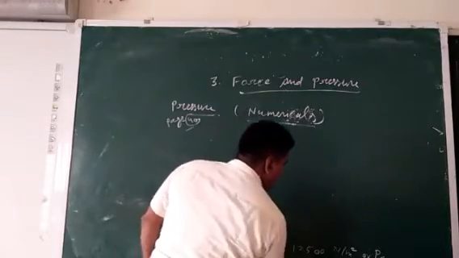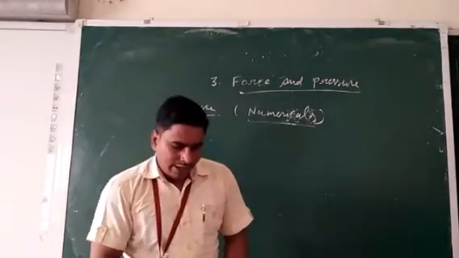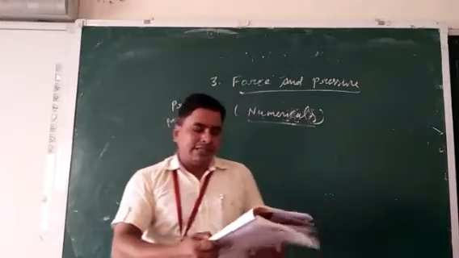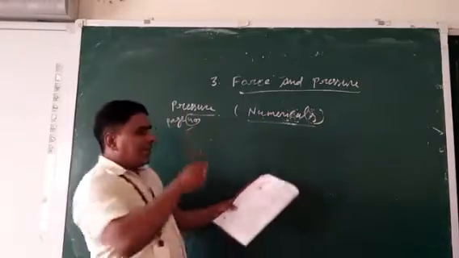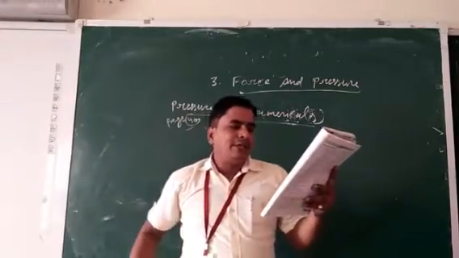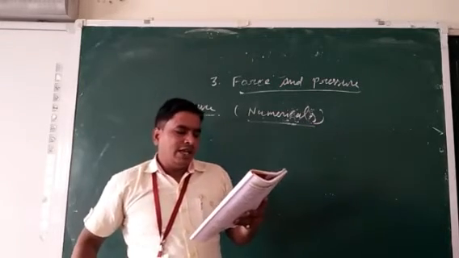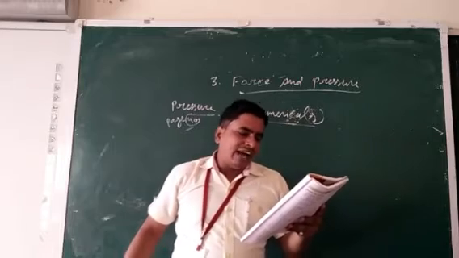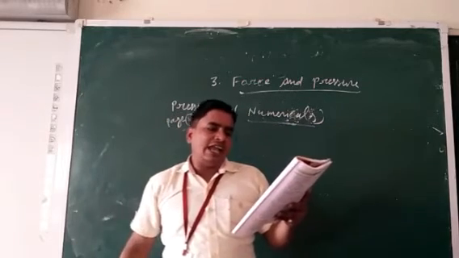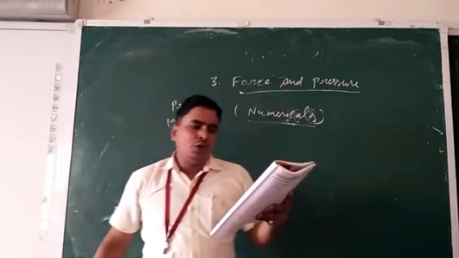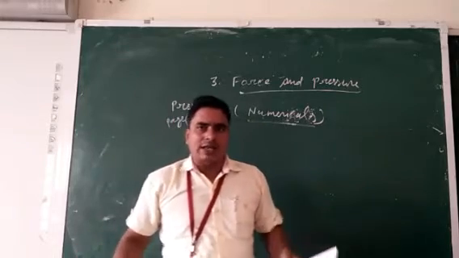Next one. The second numerical is given on the same page 40. What is the magnitude of the force required in Newton to produce the pressure 27,500 Pascal on an area of 200 centimeter square?